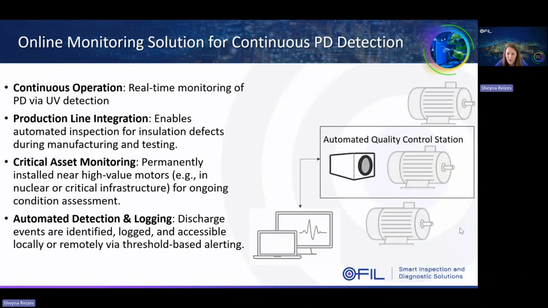In critical applications, like motors used in nuclear facilities or other critical infrastructure, the UV camera can be permanently installed to provide ongoing condition monitoring of the asset. And since the system detects and logs discharge events automatically, data can be accessed locally or remotely, with alerts triggered when certain thresholds are exceeded.